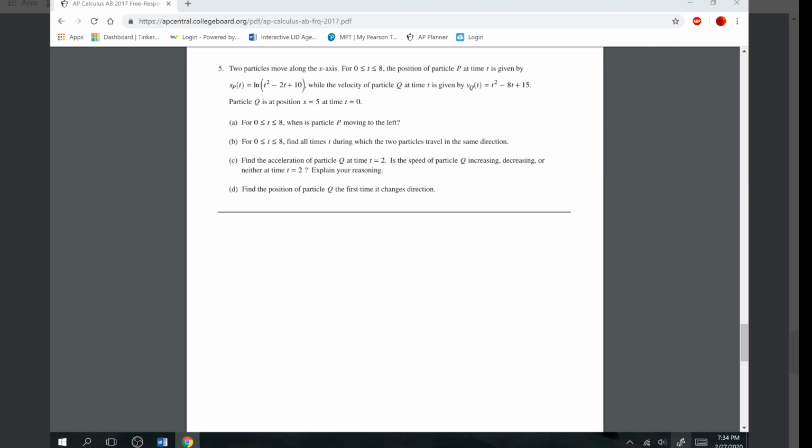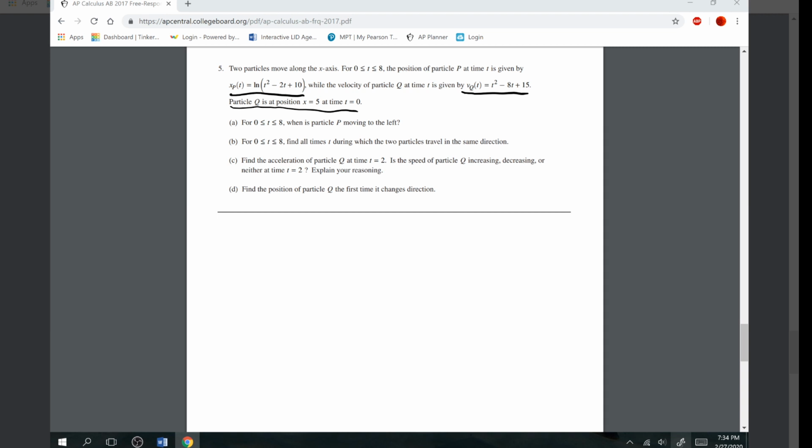So if we're looking at this question, we have a position function which has a natural log in it, so even more perfect related to this unit. And we have a velocity equation for a different particle here. It gives us an initial position only for particle q, which is the one we have the velocity equation for.